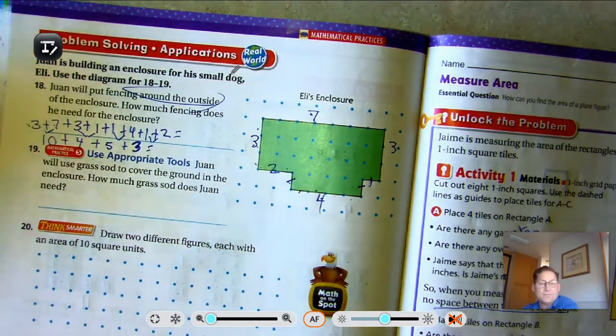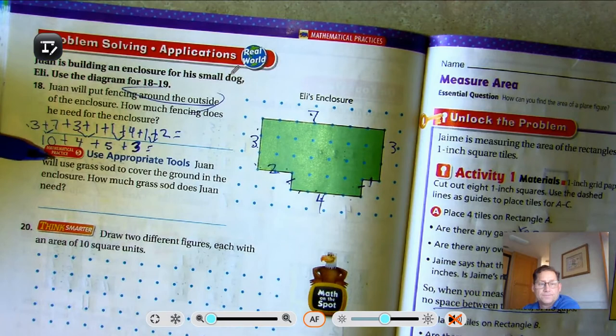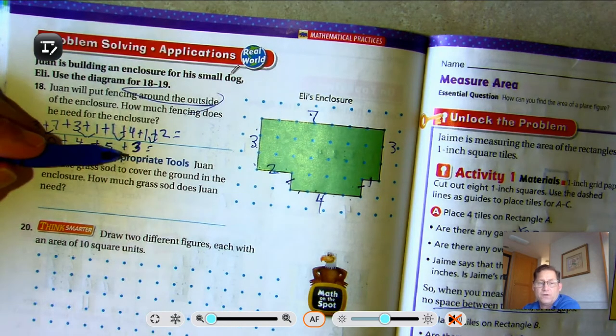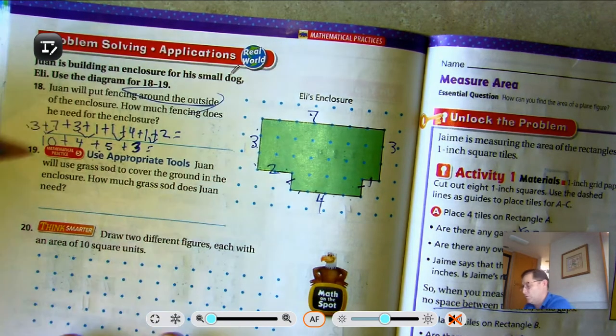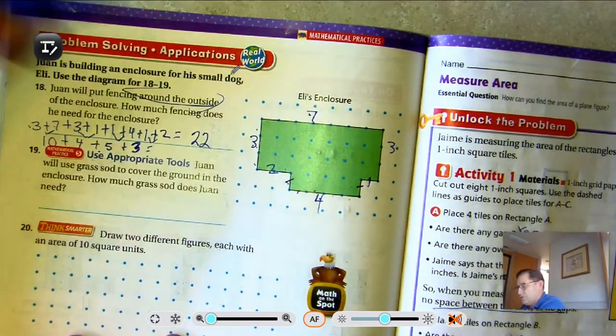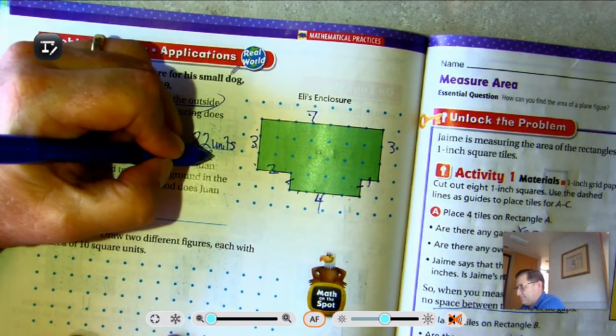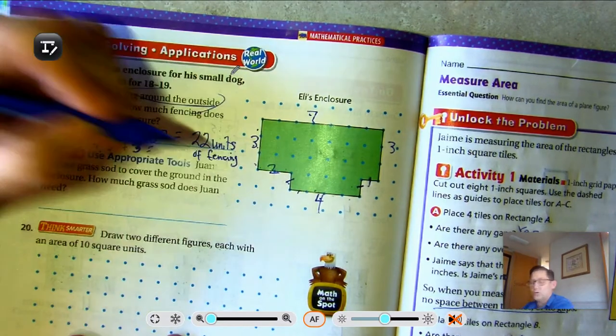Okay, now 10 and 4 is 14, plus 5 more is 19, plus 3 more, 22. So we need 22 units of fencing to go all the way around.